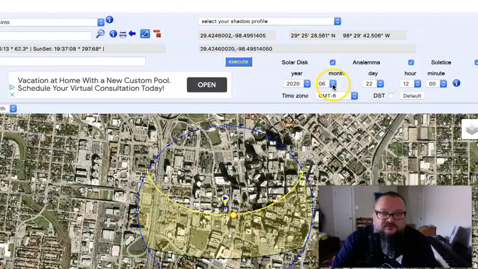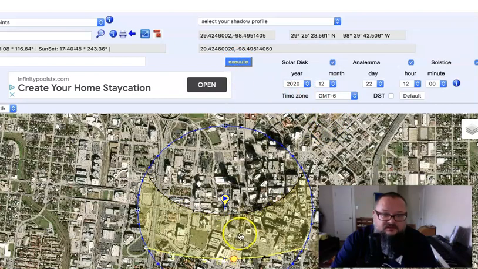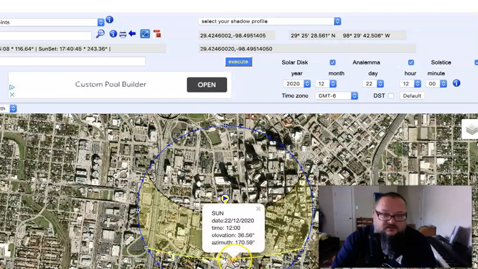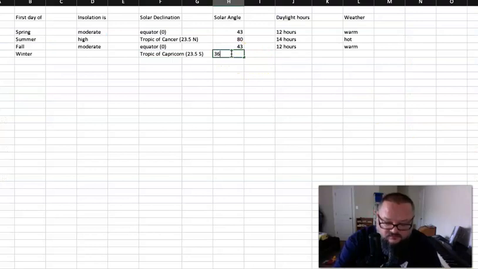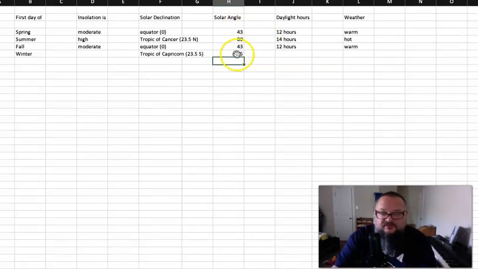And all we have to do is change this to December, and we're going to execute that. Our elevation is 36.5. So if we just look at these numbers, this is the lowest number.